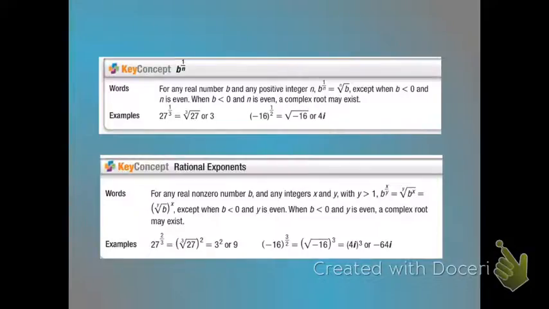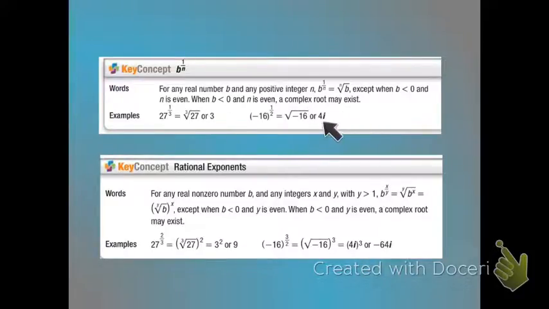So here we start with this concept of b to the 1 over n. I'll read these to you. For any real number b and any positive integer n, b to the 1 over n is equal to the nth root of b, except when b is less than 0 and n is even, because then a complex root may exist.